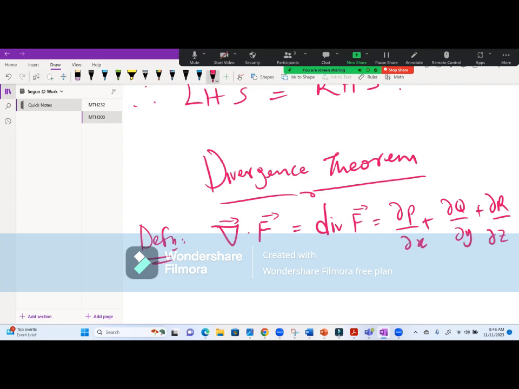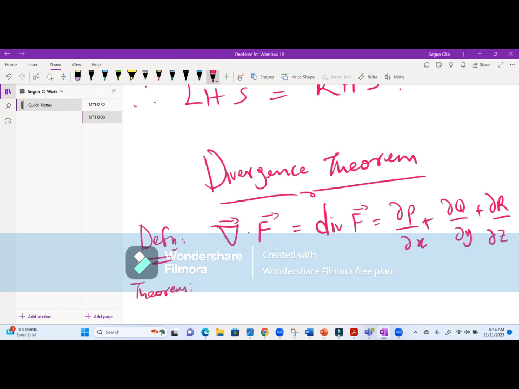So one of the theorems that governs this, we call it the Gauss theorem, from the name Gauss. You remember Gauss?